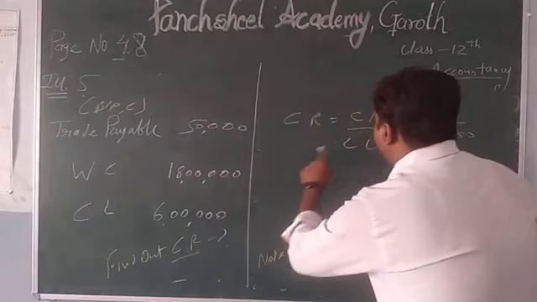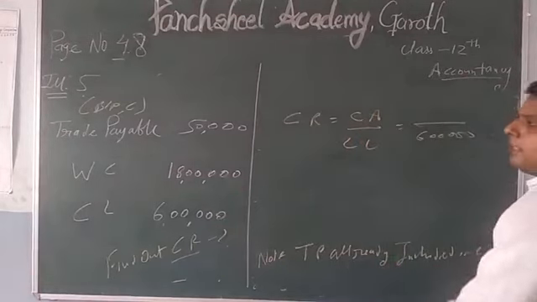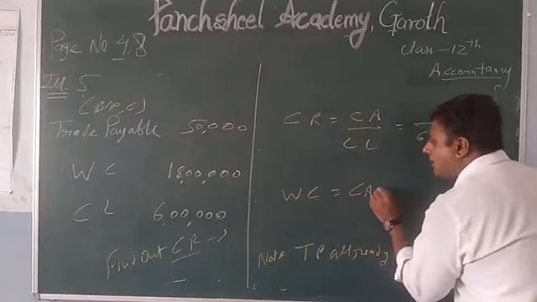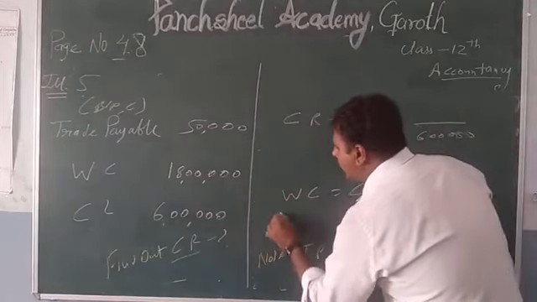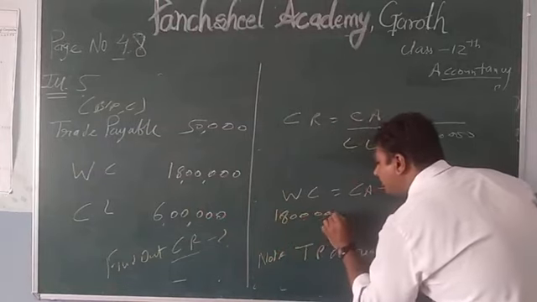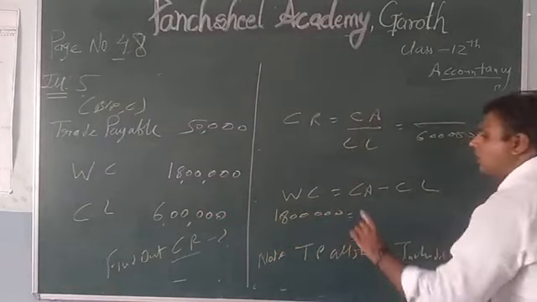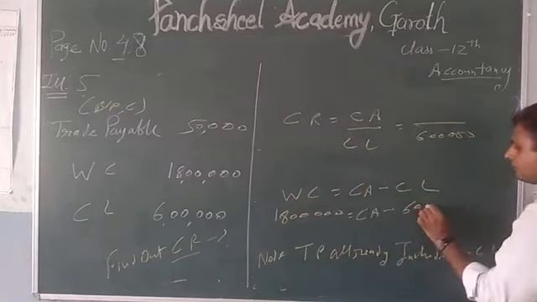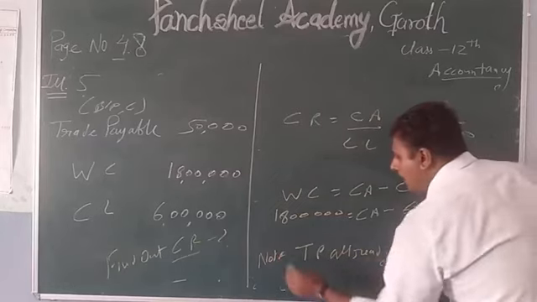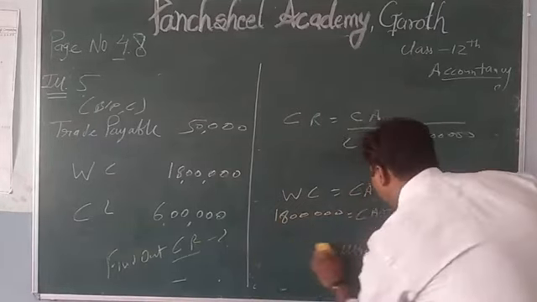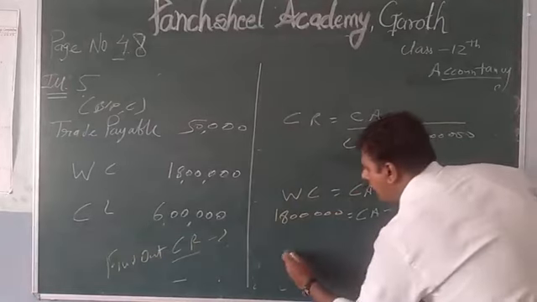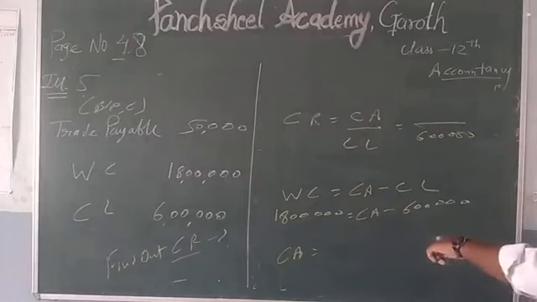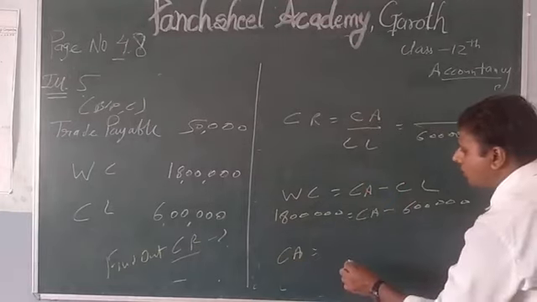Now, we want current asset, but working capital is given. Working capital, you know the formula, current asset minus current liability. Working capital 18 lakh is equal to current asset minus current liability 6 lakh. So now you will get current asset equal to 18 lakh plus 6 lakh, how much? 24 lakh.